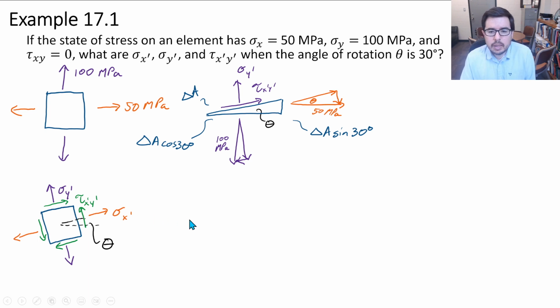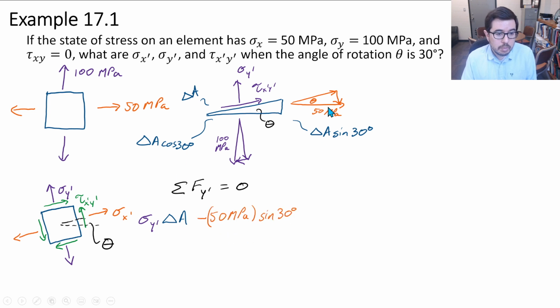Okay, we do equilibrium again, and I'll go through this kind of quickly, but we figure it out in the y prime direction, and we're going to multiply sigma y prime by delta A to get a force. We use the appropriate component from our sigma x on its appropriate face.